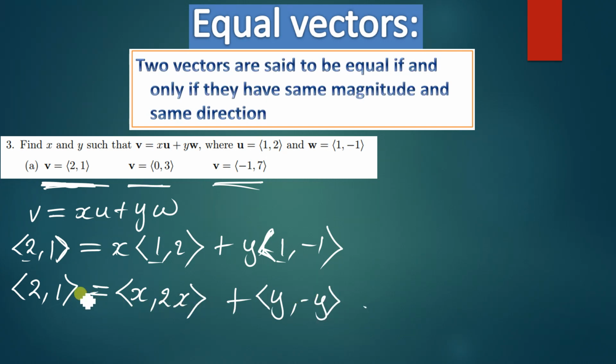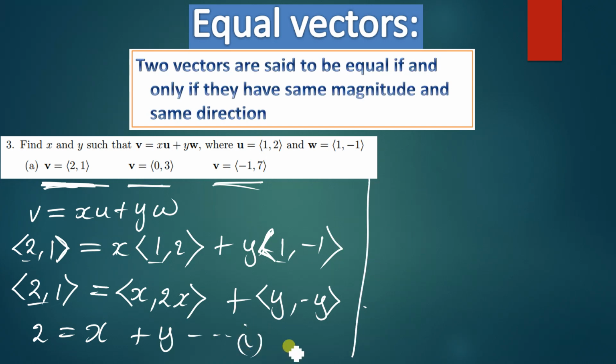So now we can split these according to their corresponding components. For the X component, on the left we have 2. The X component on the first term on the right is X, then plus the X component on the second term, we have Y. So this is our equation 1. We do the same for the Y component.